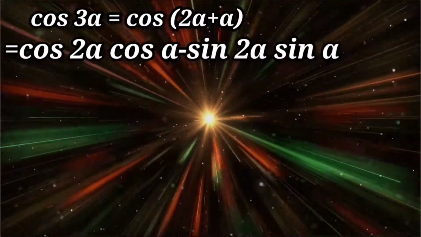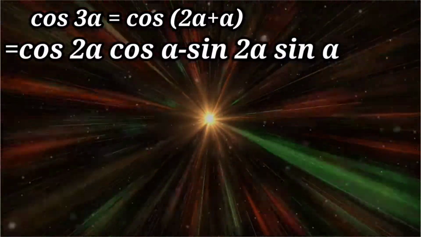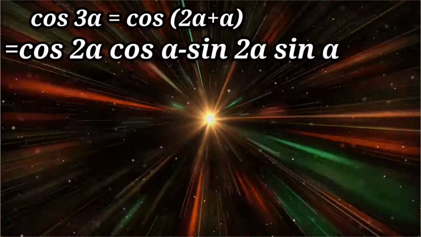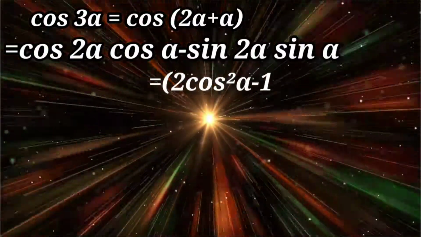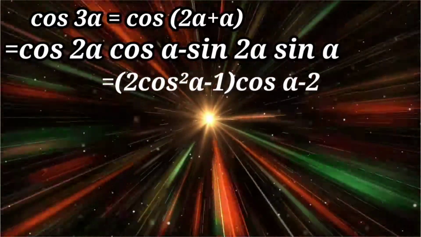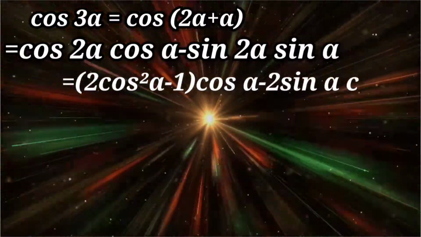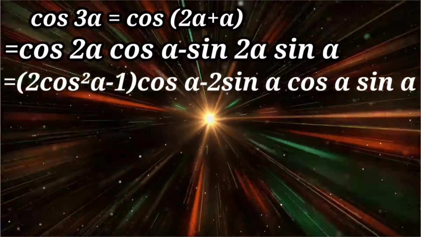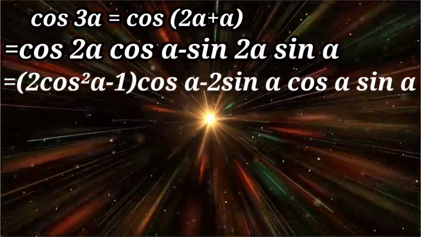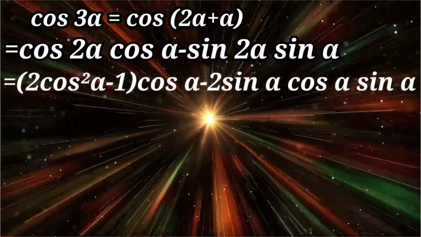Now cos 2α and sin 2α are again opened as (2cos²α − 1) into cos α minus 2 sin α cos α into sin α.